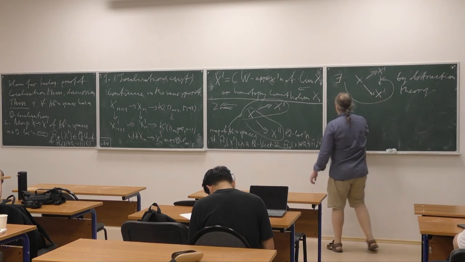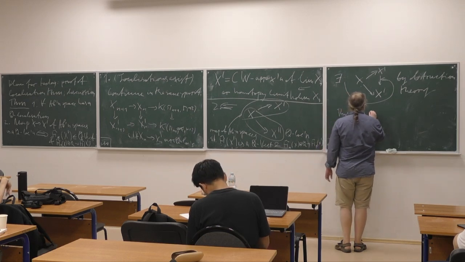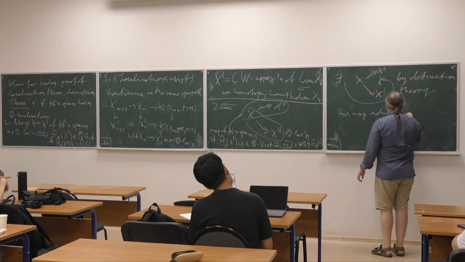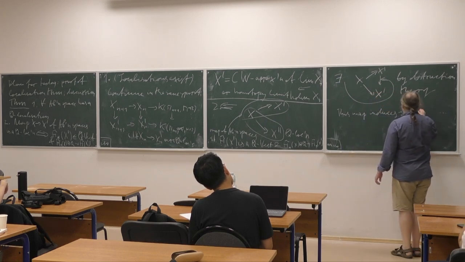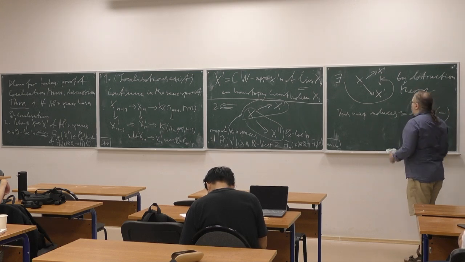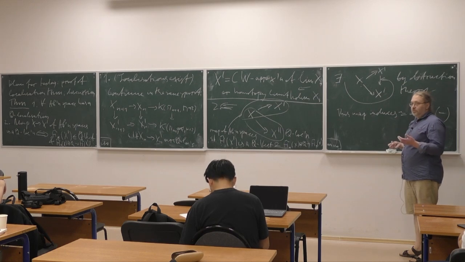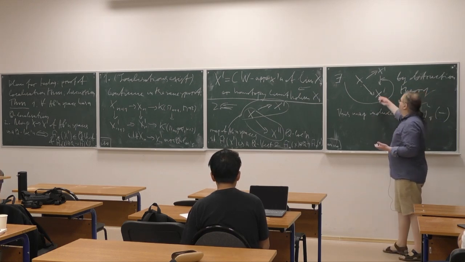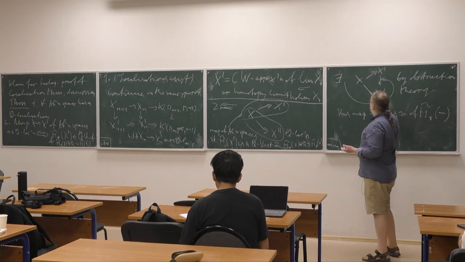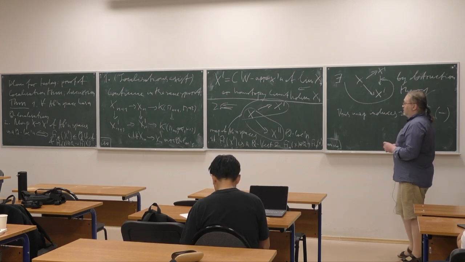this map induces an isomorphism of the homology groups tensor Q, but the homology groups tensor Q in both cases are the integral homology groups. Why?